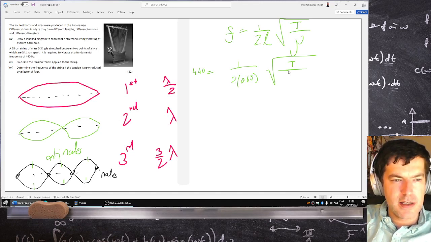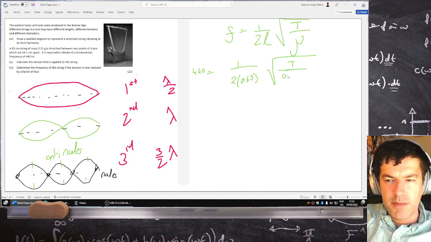So the mass is 0.21 times 10 to the minus 3 kilograms over 0.65.